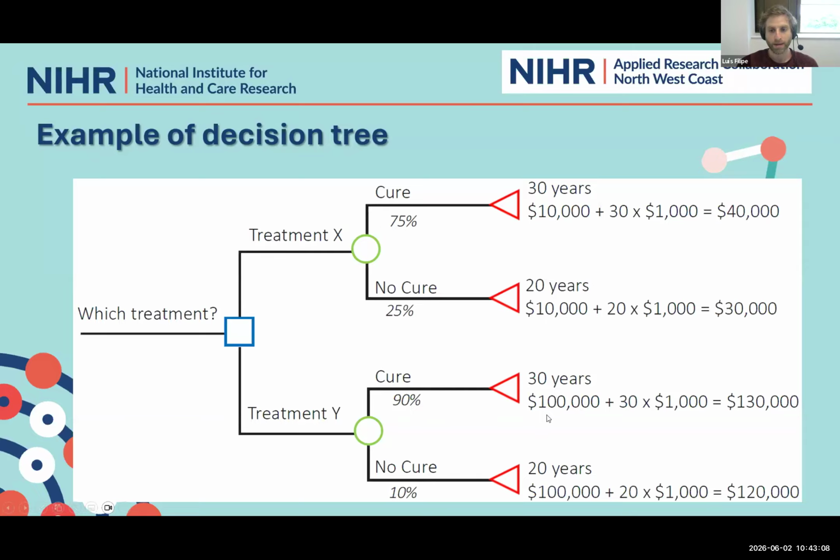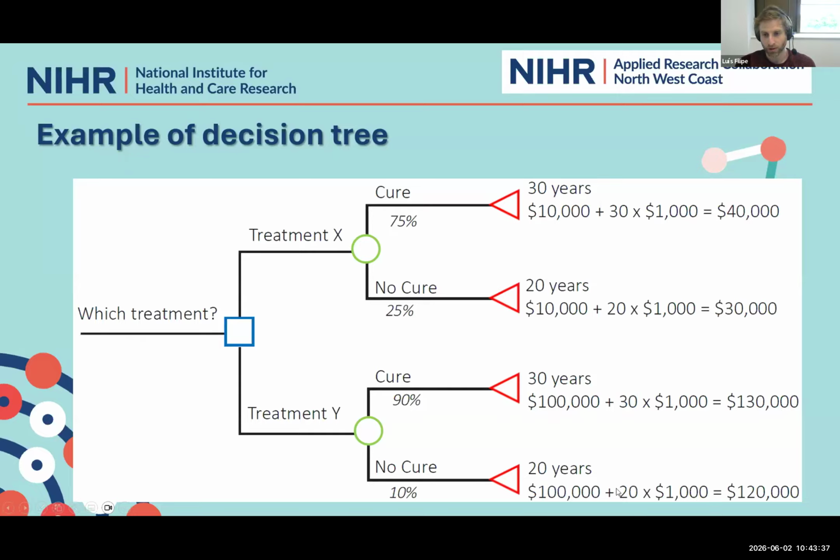It's 100,000 instead of the 10,000 that we saw in treatment X. Then the same thing as in the other ones: because the person is living for 30 years, you multiply it by the annual cost of 1,000, and you get $130,000 for this arm where the person is cured.